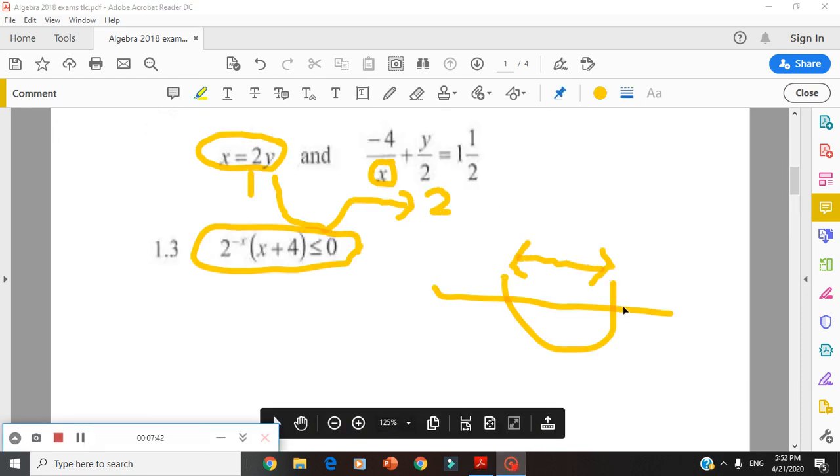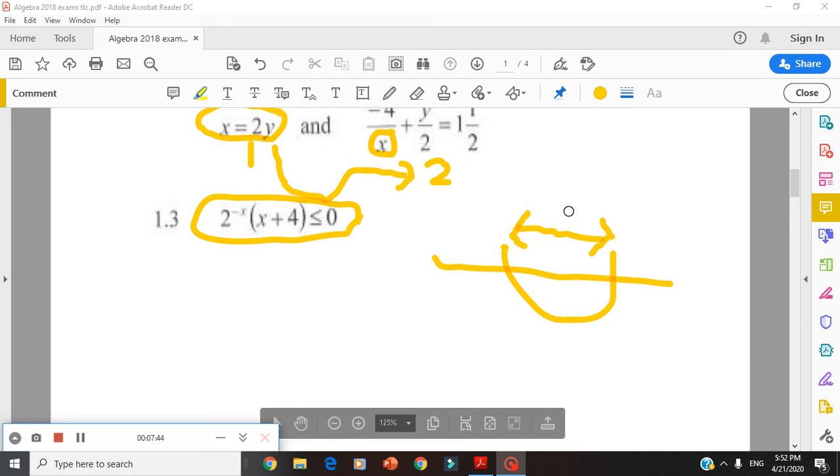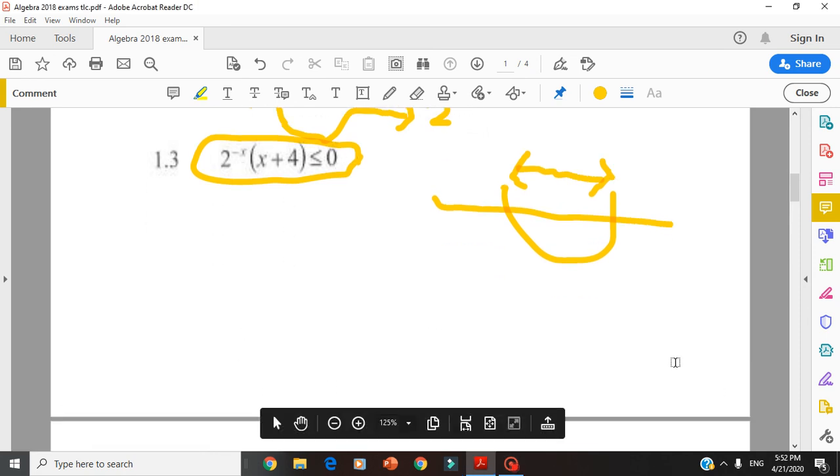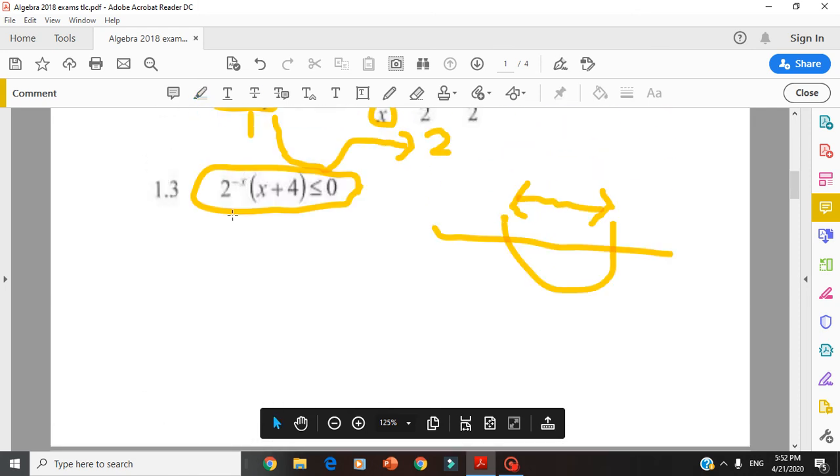Once your parabola has been sketched, usually we know that there'll be one solution because it's less than or equal to 0. But here, in the case where we have 2 to the minus x, we cannot say that. So just make a note of that.